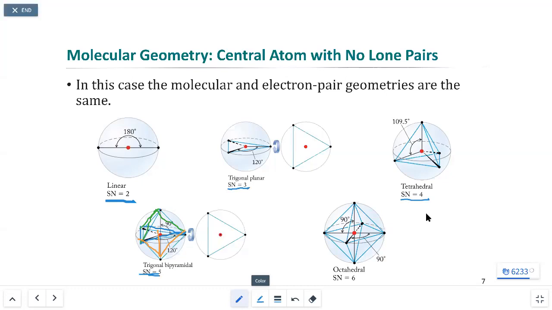And notice that with the tetrahedral shape, the only object that is actually on the plane of that circle is the center atom. Everything else is slightly askew from it. So here with tetrahedral, we have our first truly 3-dimensional shape.